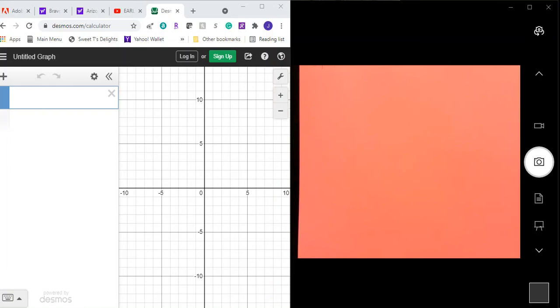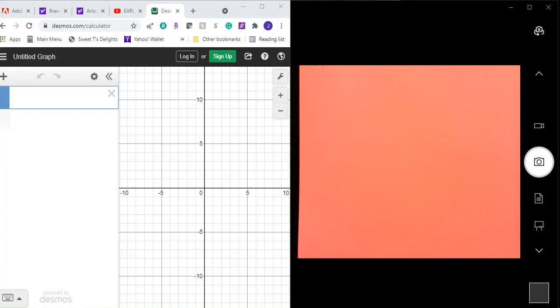Part A says, use your graphing calculator to create a scatter plot of the data. Let T represent the number of years since 1990, and A of T represent the amount of carbon dioxide in parts per million in the atmosphere. Do the carbon dioxide levels appear to be growing exponentially?